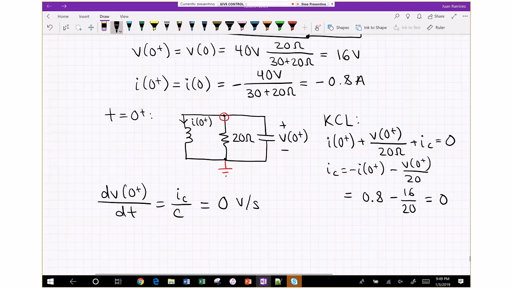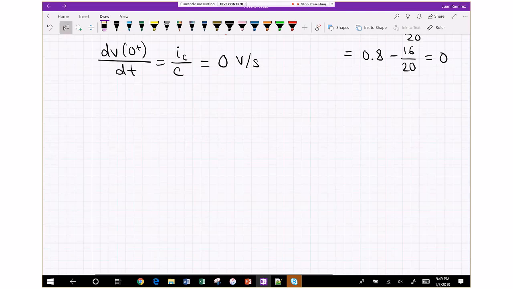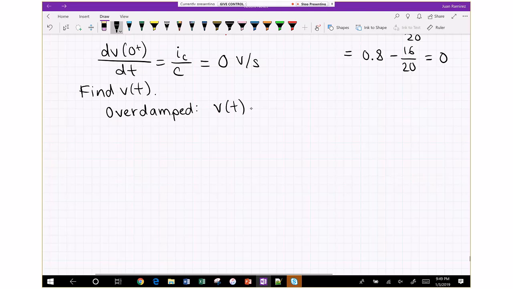Okay. So now let's find that voltage. We have an overdamped case, which tells me that the equation for the voltage will be A1 e to the S1t plus A2 e to the S2t.